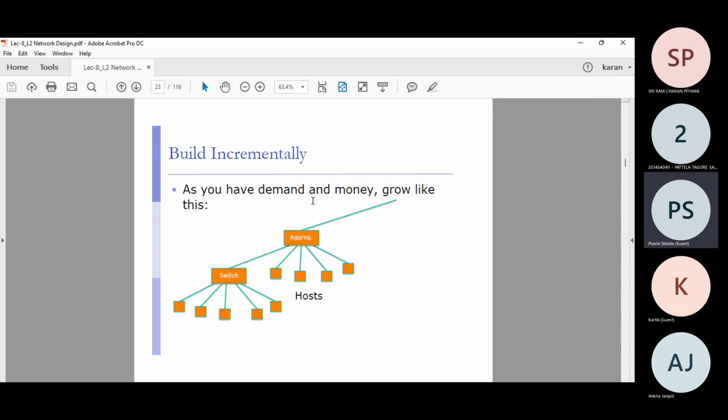As you have demand and money, you grow like this. Same fiber link, after that we install an aggregation layer 2 switch. After that, again we install 20 kilometer or 15 kilometer or 10 kilometer fiber and install another layer 2 switch.